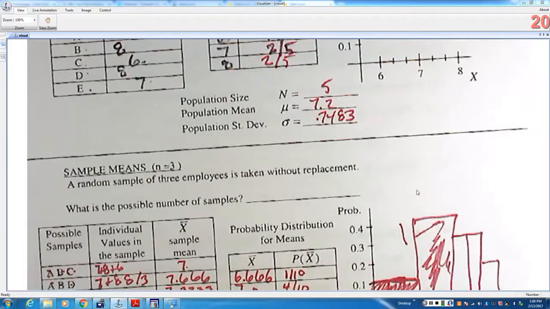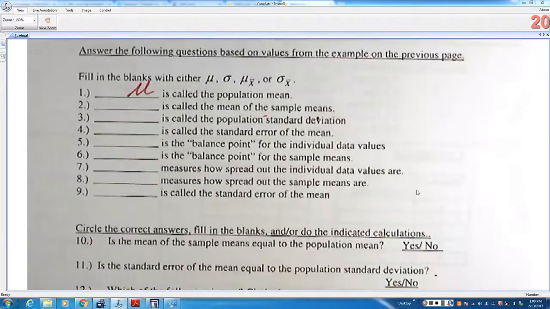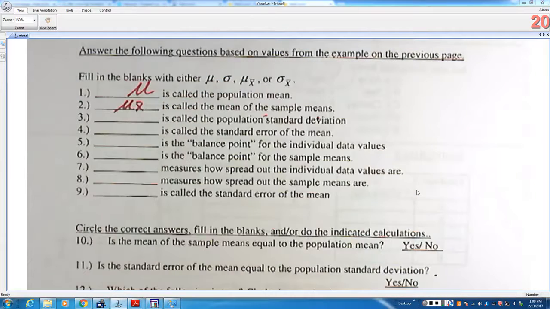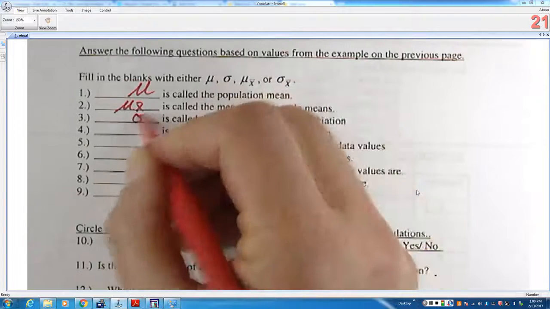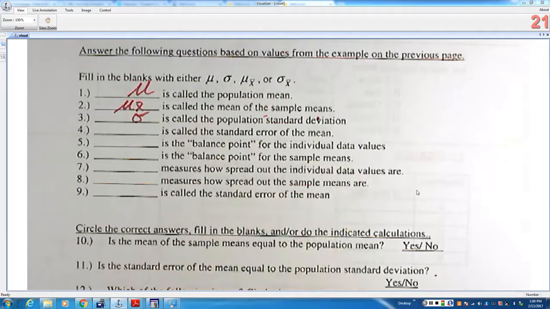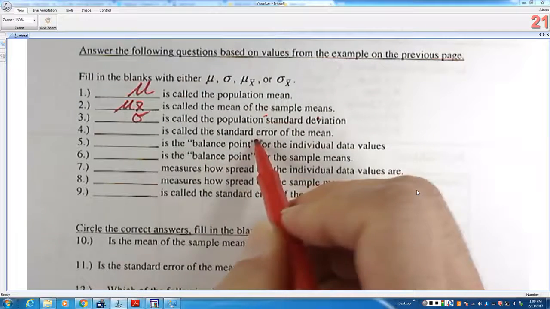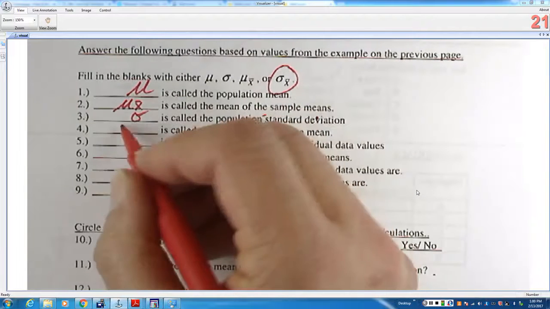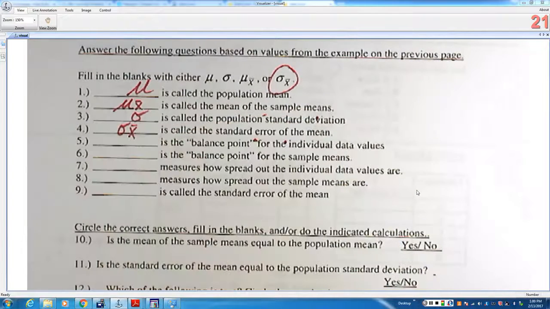The mu sub x bar, that's correct. What is called a population standard deviation? The sigma. What is called the standard error? The sigma sub x bar, that is correct.